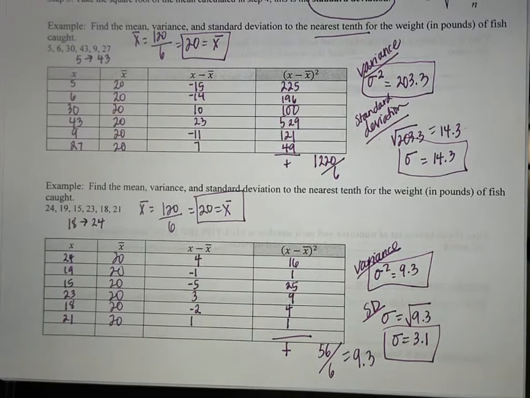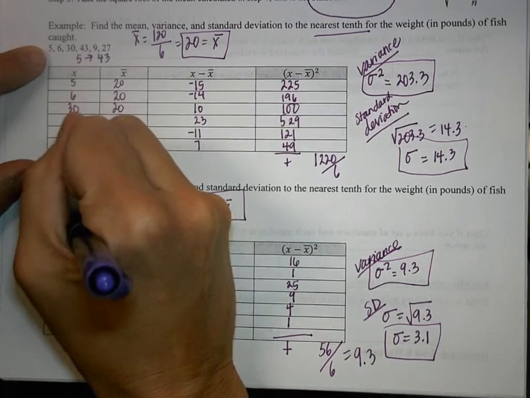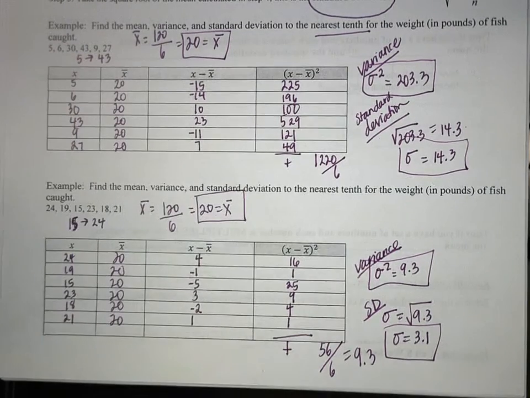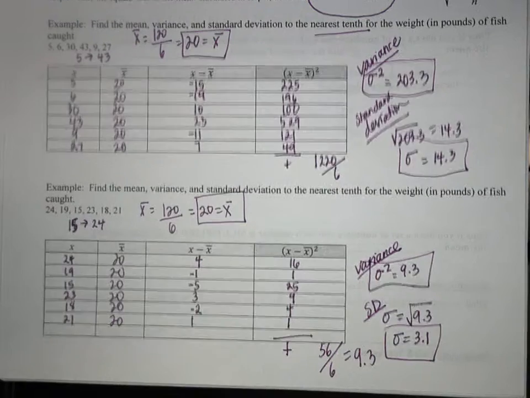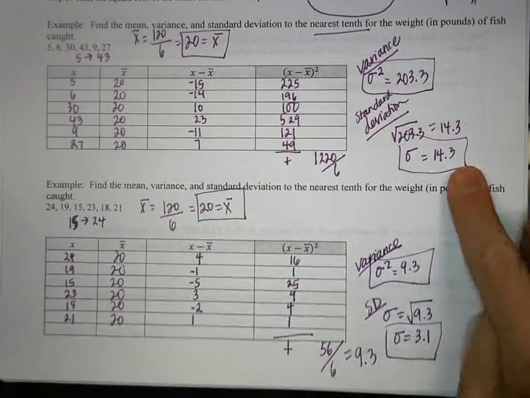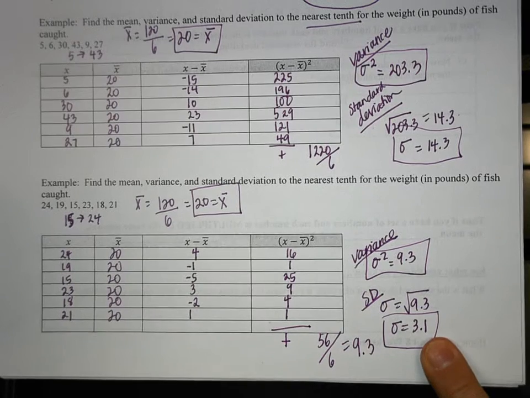Standard deviation is kind of talking about the spread of numbers, like how many numbers are in between each number. They're kind of taking the average there. So here it's saying that between each number is about 14. Here, between each number is about 3.